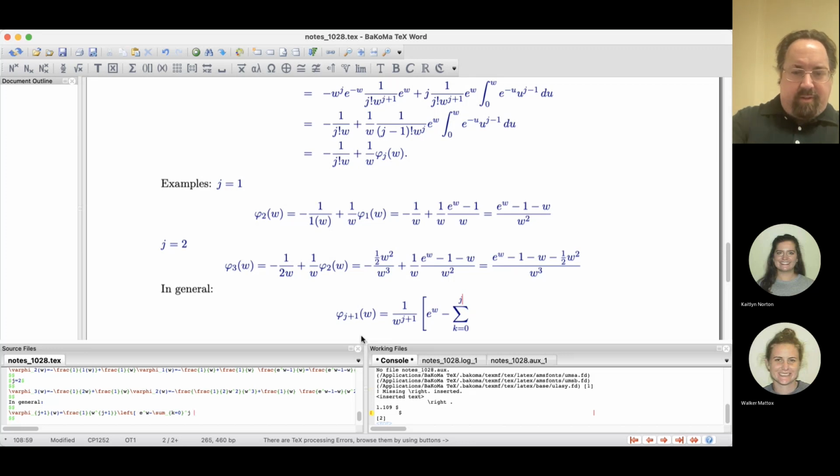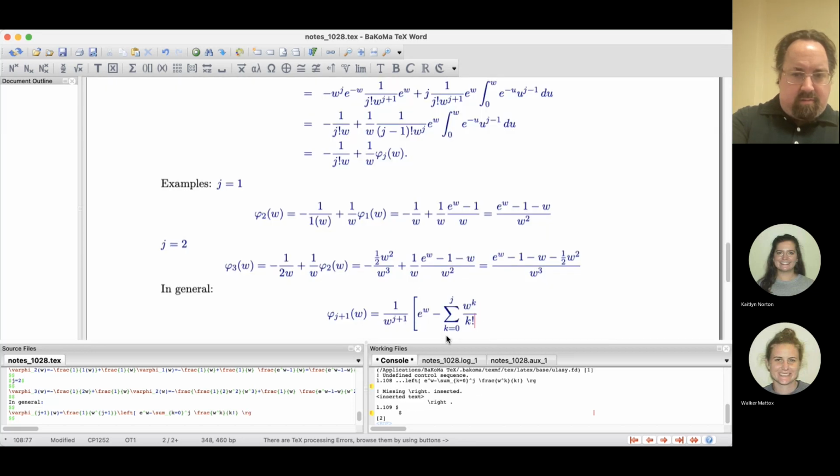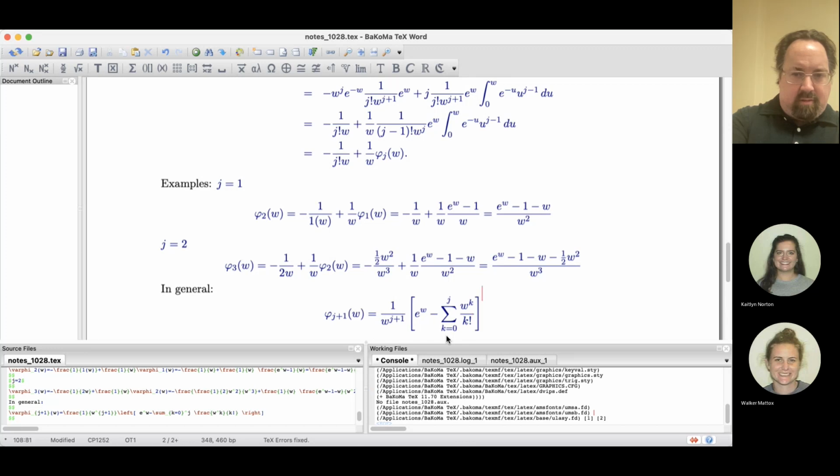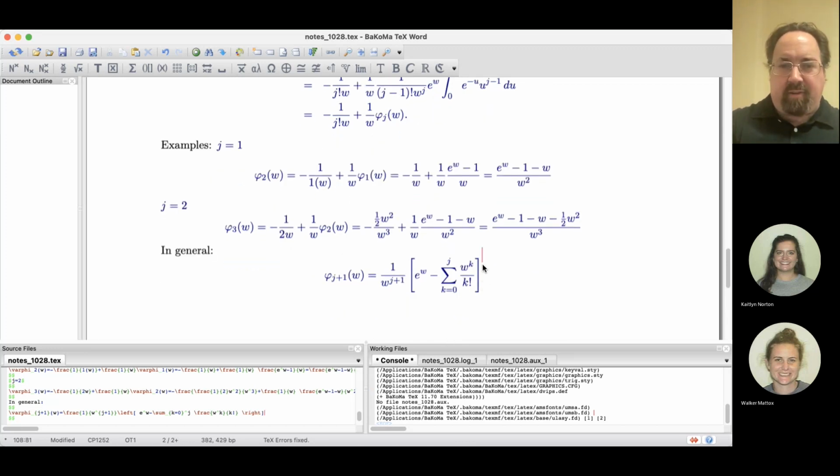If I subtract off terms up to power j in the Taylor expansion, that's what we have here. So for instance, in case j equals 2, I subtract off the first 3 terms, 1, w, and then w squared over 2, and then divide by w cubed.